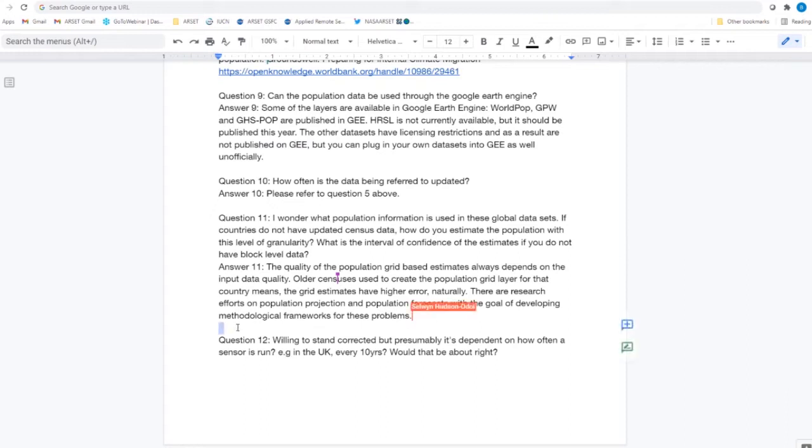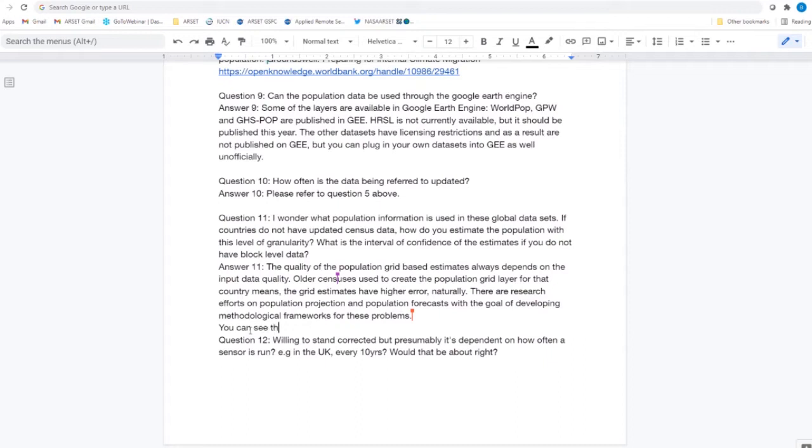Of course, the quality of these population grid estimates always depends on the input data, and the main input data source are census data. So this is a great question, and again shows us that users think about this a lot. And maybe you've seen this in Greg's demo, that when you look at population estimates coming from the population grids for different areas, you can see the input data and you can see the timestamps of what time the input data are from.